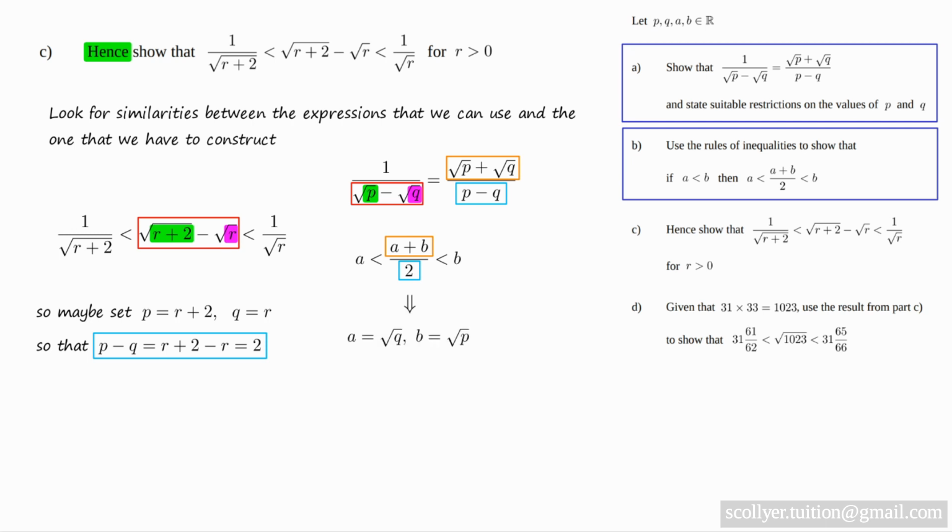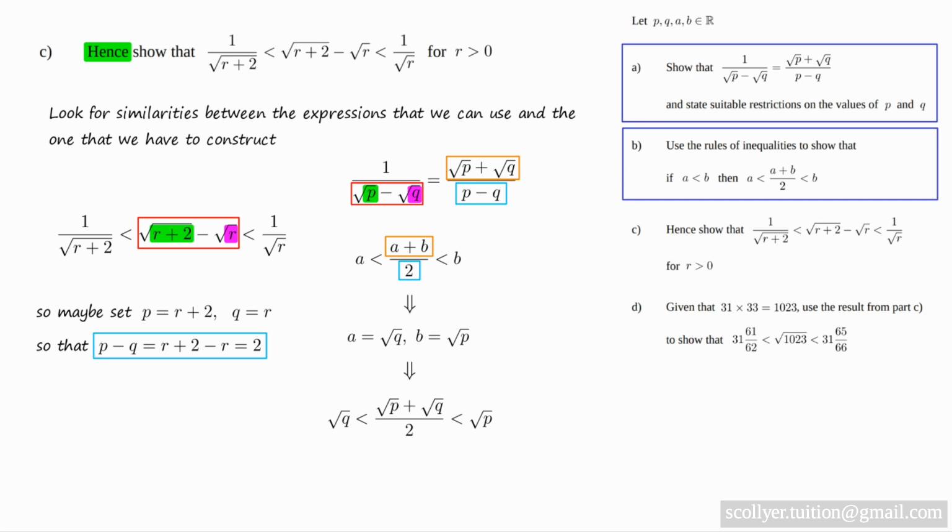So bearing in mind that P minus Q equals 2, i.e. P is larger than Q, then we should set A equals root Q, B equals root P, since A must be smaller than B. And then the inequality from part B becomes root P plus root Q over 2 lies between root Q and root P.